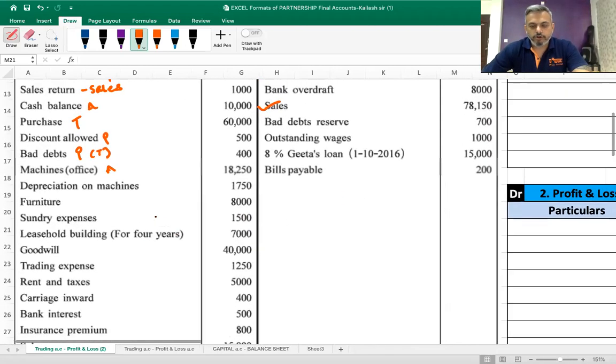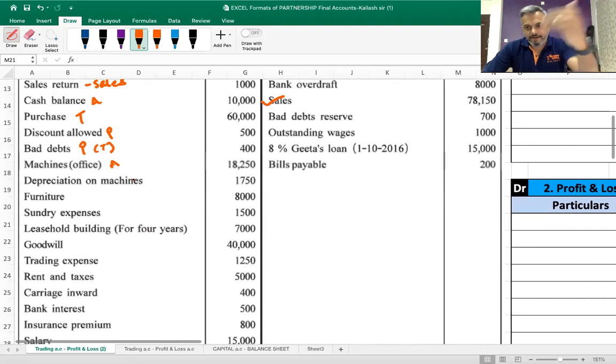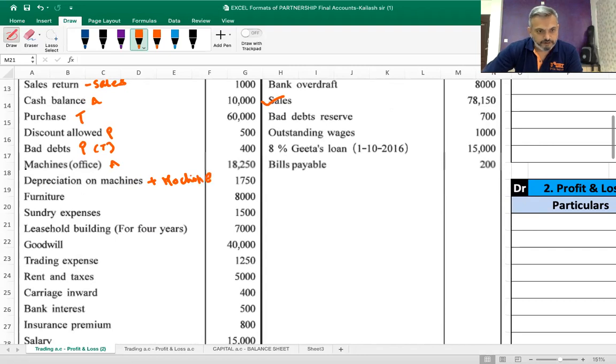It means what all we have calculated, we add back to machine. हम ऐसा मान लेते हैं कि ये जितना भी depreciation है वो सही कैलकुलेट नहीं हुआ है तो उसको हम रिवर्स कर देते हैं. तो ये जो depreciation है it will be added to machine. और मशीन को टिक कर दो बिकॉज उसको अफेक्ट करेगा. टिक मशीन. Then obviously machine goes to assets, so depreciation on machines we will add.